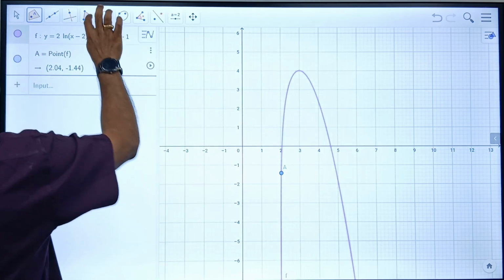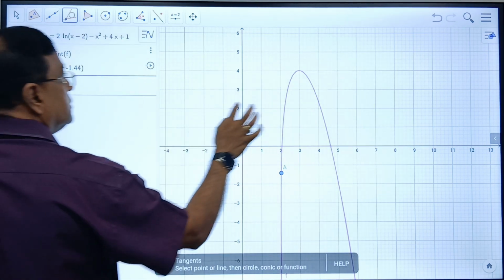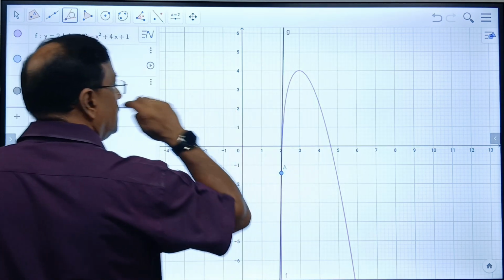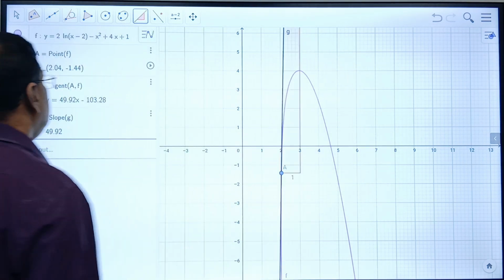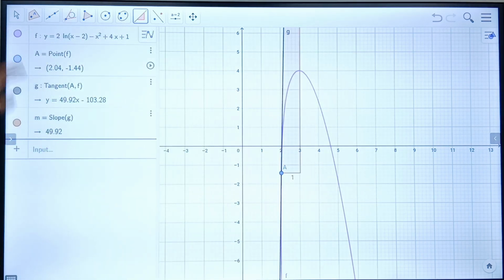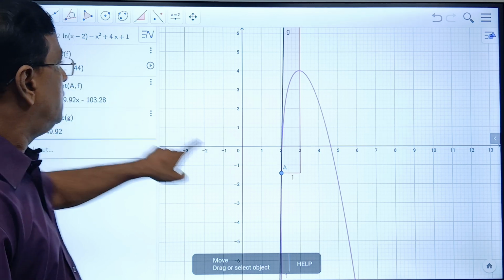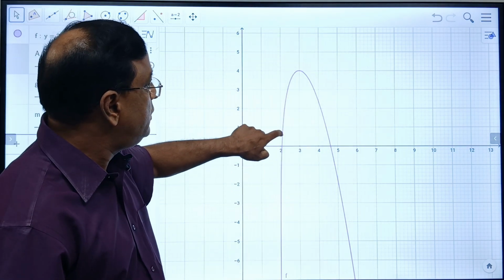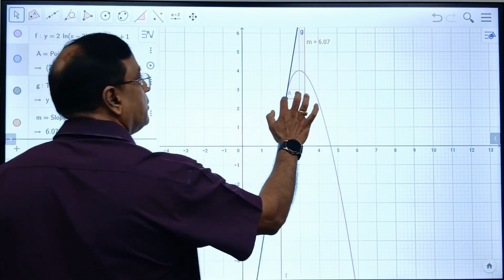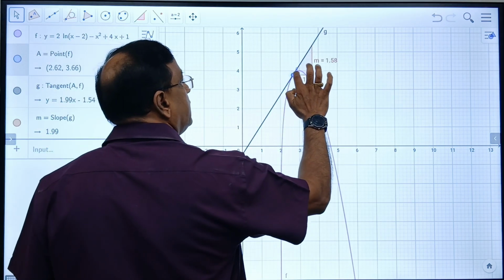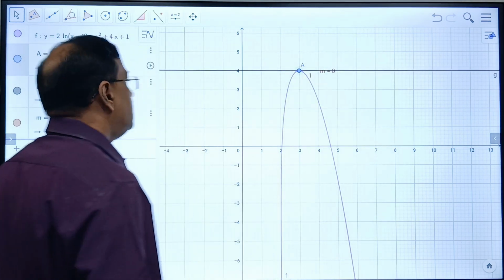This is the point, and I will draw the tangent. Then I'll find the slope. Definitely the slope will be positive. Okay, so now I'm moving it. When I move it, you see it's always positive, always positive, till I reach this wonderful point 3.